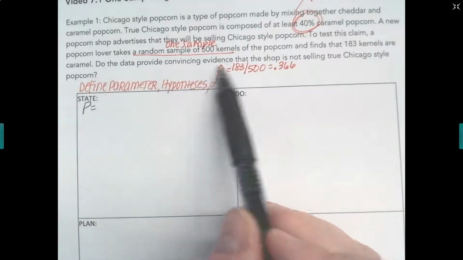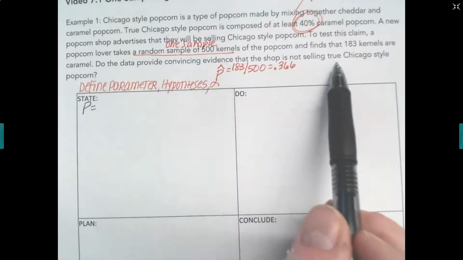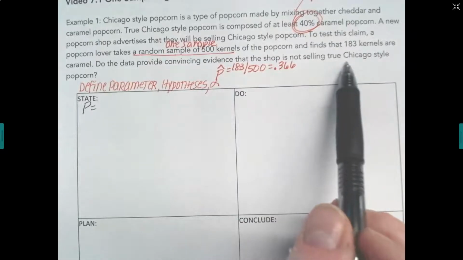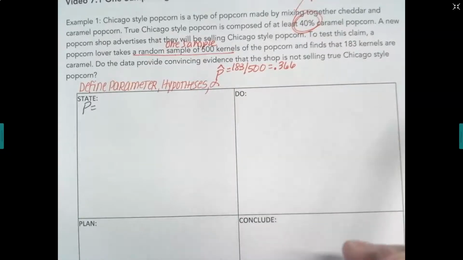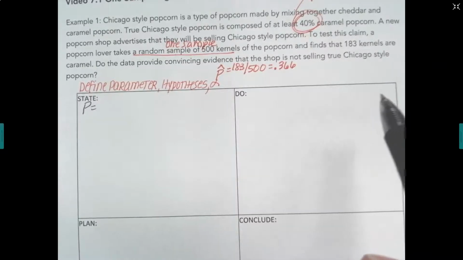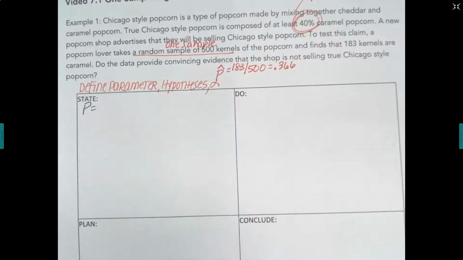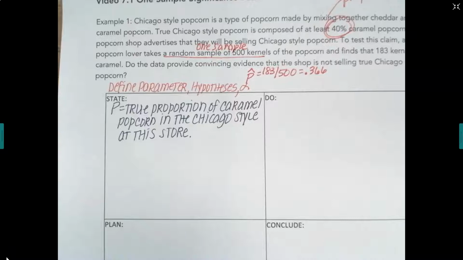Do the data provide convincing evidence that the shop is not selling true Chicago-style popcorn? So really, we're wanting to know about the true proportion of popcorn in the Chicago-style popcorn at this store, because they're talking about this new store. So we have the true proportion of caramel popcorn in the Chicago-style at this store.